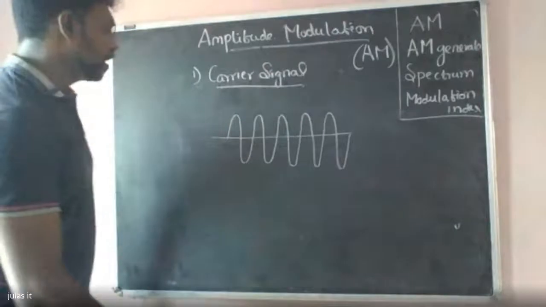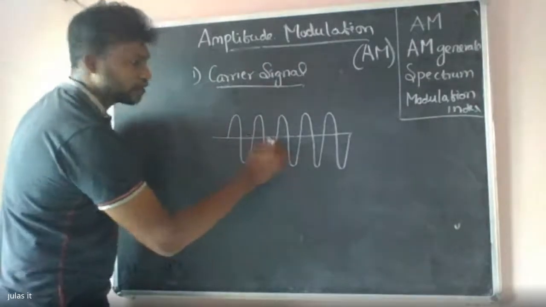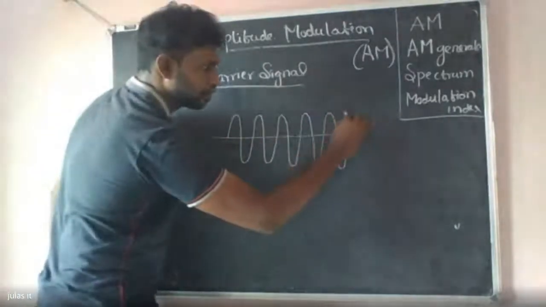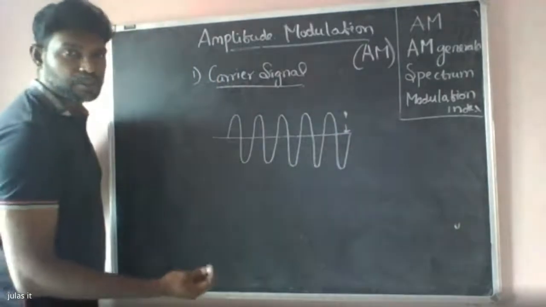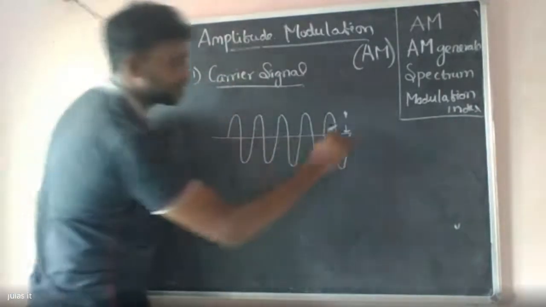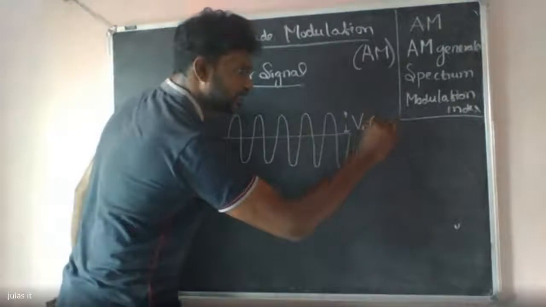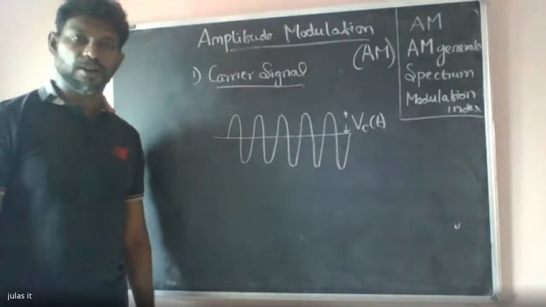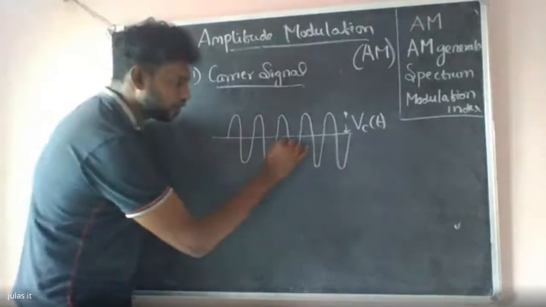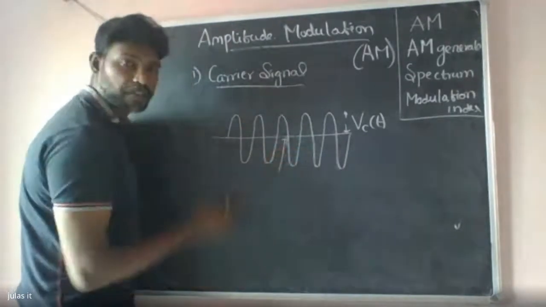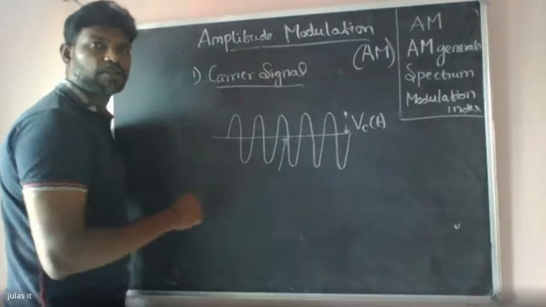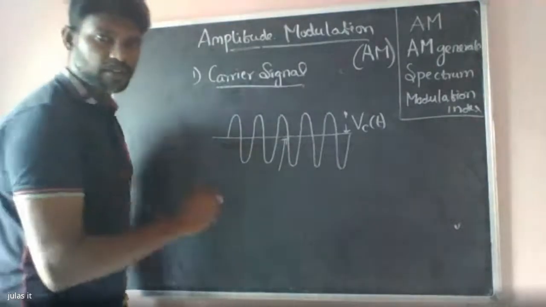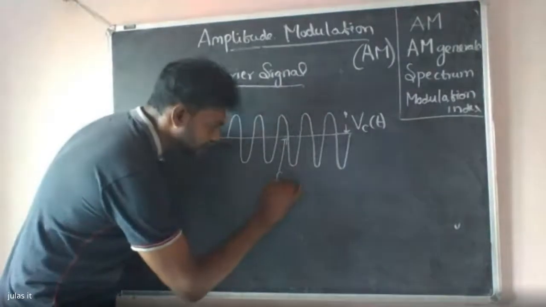Okay, now here also we have the amplitude, and since it is a carrier signal, we represent it as Vc of t. Whereas the frequency, all signals we know have a frequency. So the frequency of the carrier component is represented as Fc.